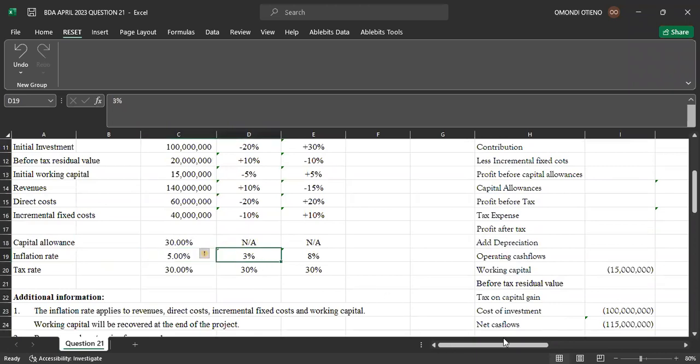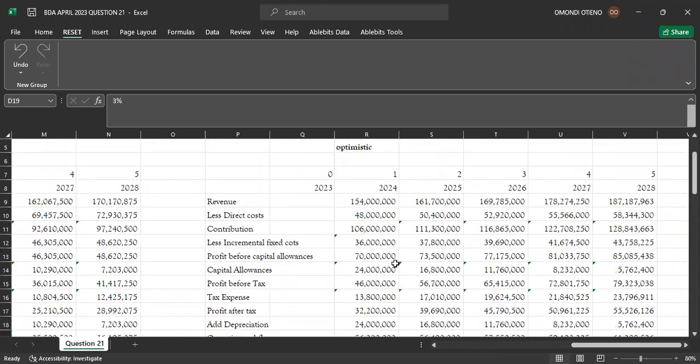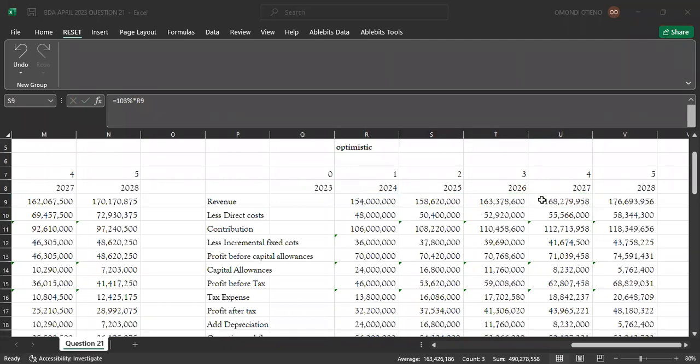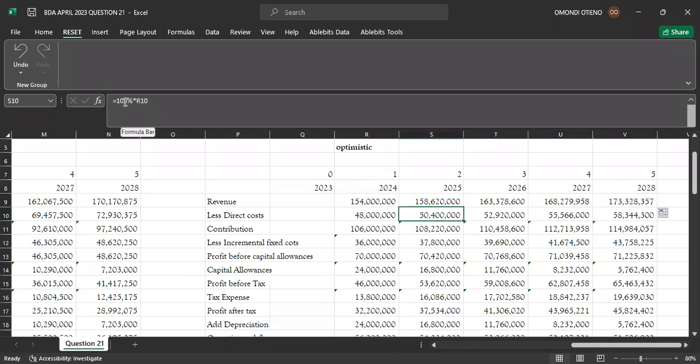So I just come to this point here. Revenue is being affected by 3%, so it's going to be 103. That is the increase, that is what I need to adjust there. Direct costs is increasing by 3%, so it's going to be 103%.